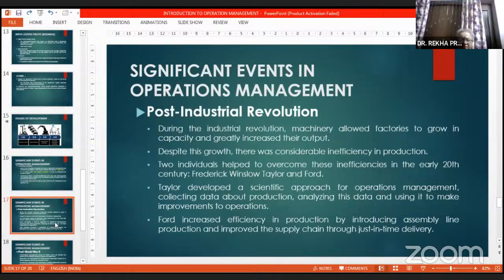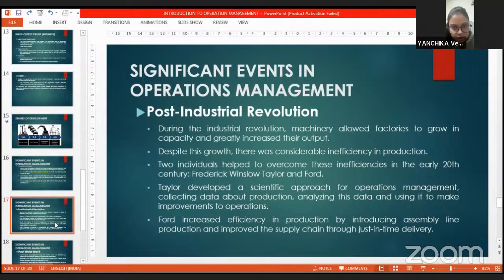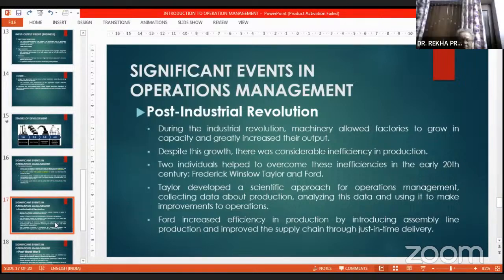Taylor developed a scientific approach for operation management, collecting data about production, analyzing this data, and using it to make improvements to operations. Ford increased efficiency in production by introducing assembly line production and improved the supply chain through just-in-time delivery.